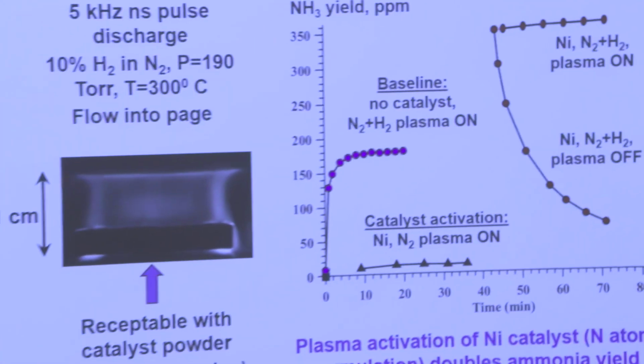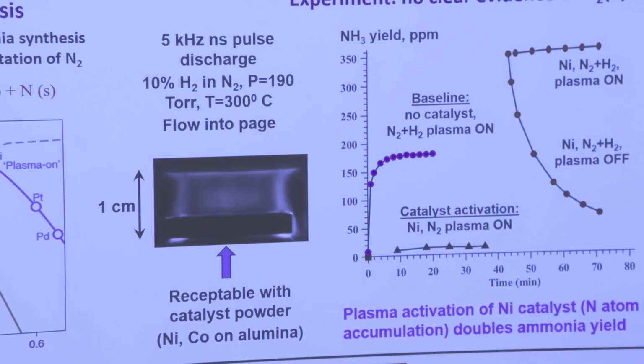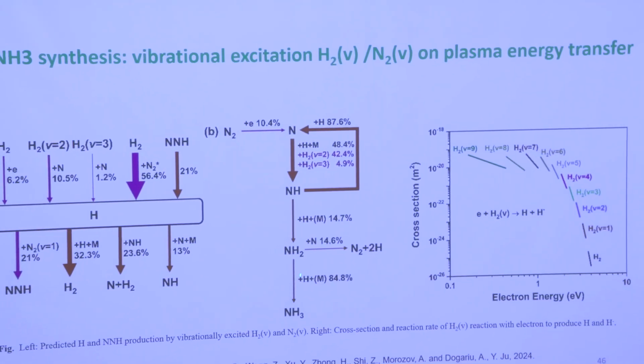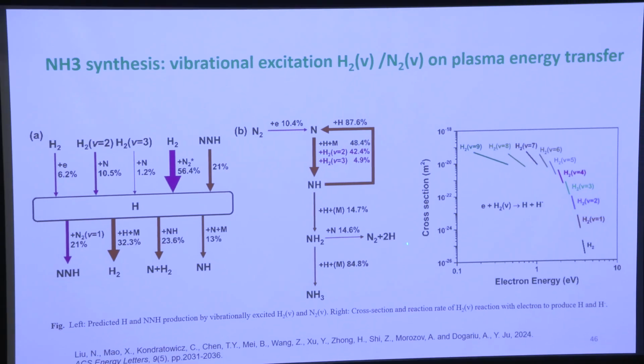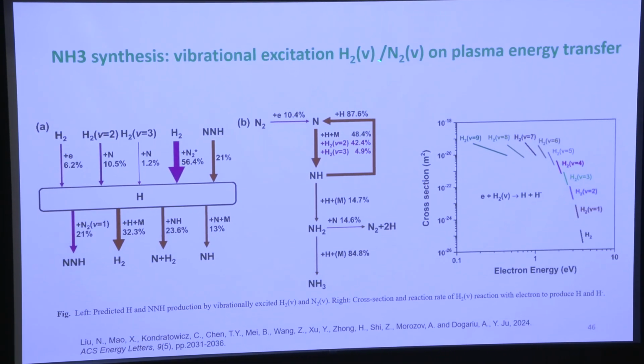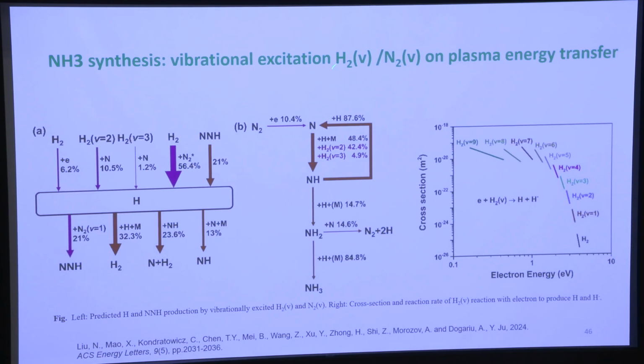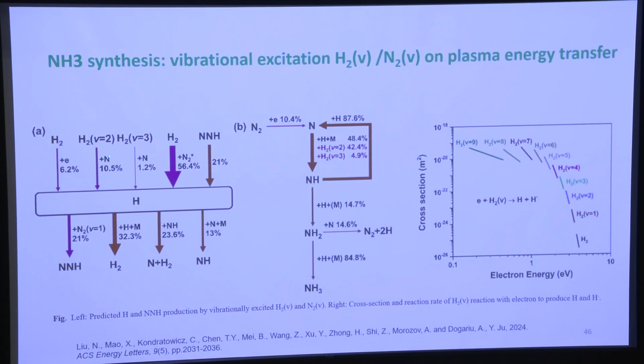People started to ask why the plasma cannot produce 2 orders of magnitude enhanced ammonia. Then what is the mechanism? Maybe the mechanism is wrong. Last year, we did an experiment using hydrogen and nitrogen. We tried to understand the vibrational excitation of nitrogen and hydrogen. For example, the vibrationally excited hydrogen does react with N atoms to form an NH group, which is encouraging.